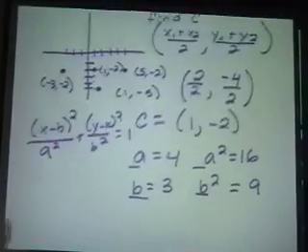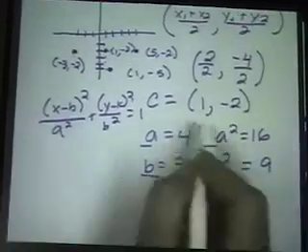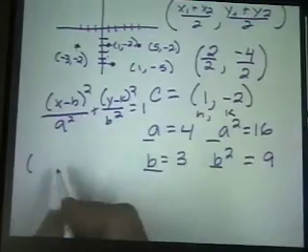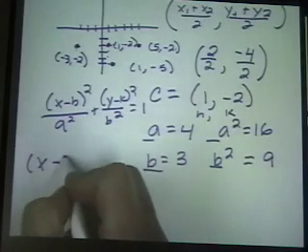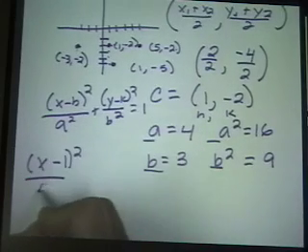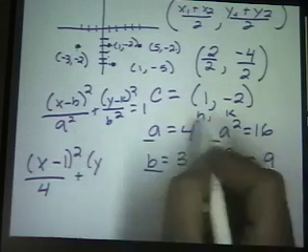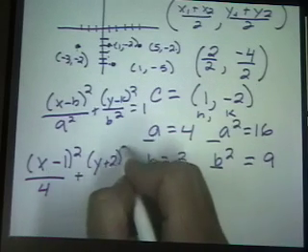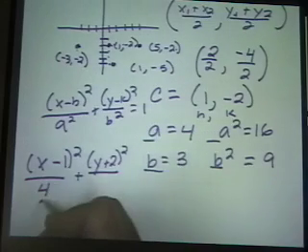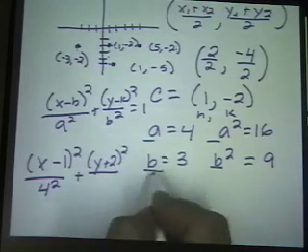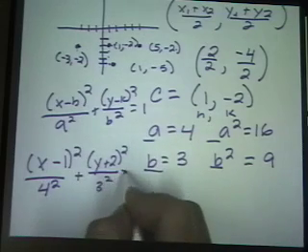Now we're going to plug in what we know into that equation. I know my center, which is h comma k. So (x minus 1) squared over 4 plus (y plus 2) squared. Excuse me, this is going to be 4 squared, because it's a squared over b, which is 3 squared, all equals 1.